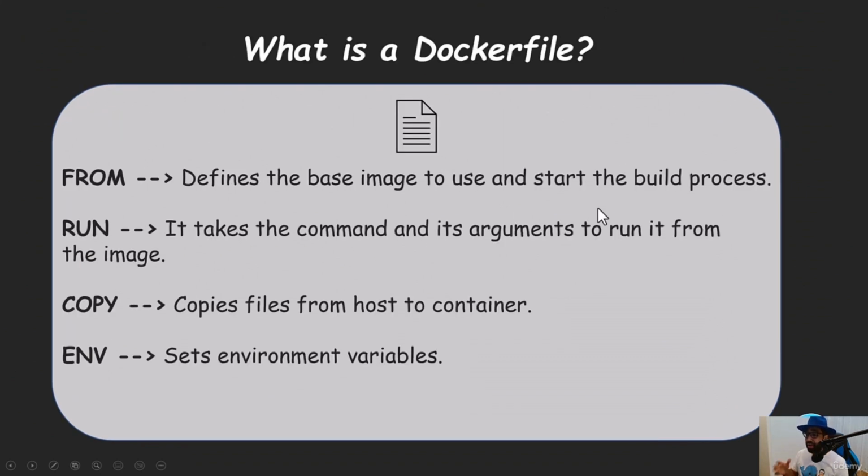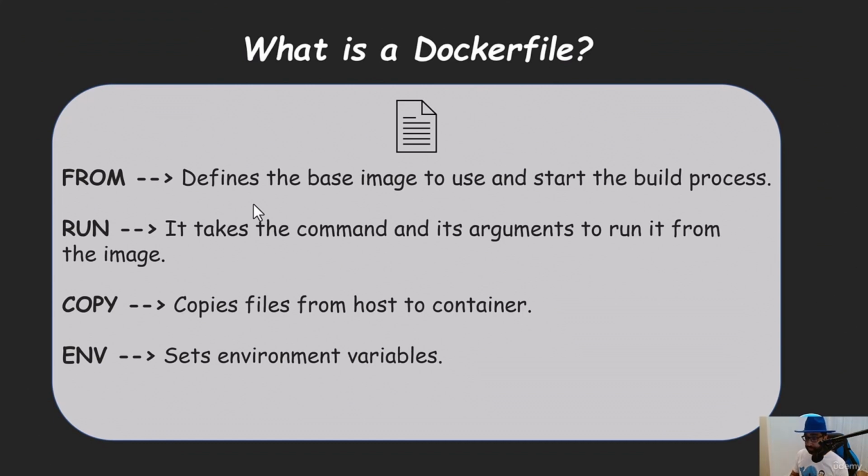So what is a Dockerfile? Basically, a Dockerfile is a text file that contains a set of instructions to define and customize your own Docker image. Okay, so one of the instructions that you can use is the from instruction. So this from instruction will define the base image. For example, you want to create an Ubuntu image.